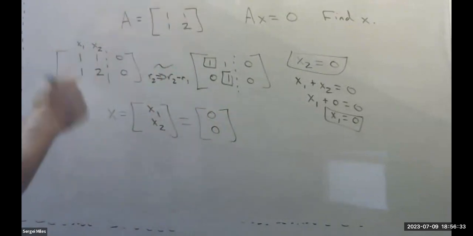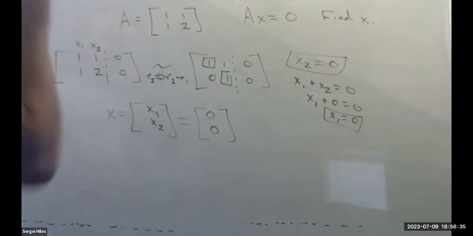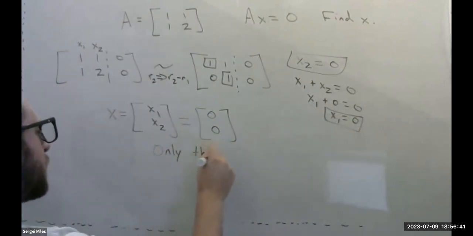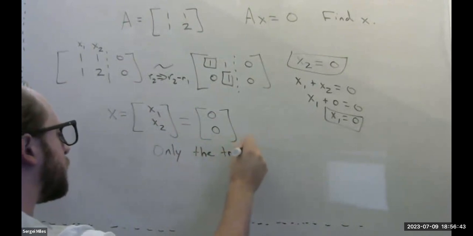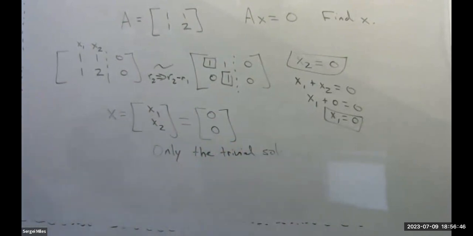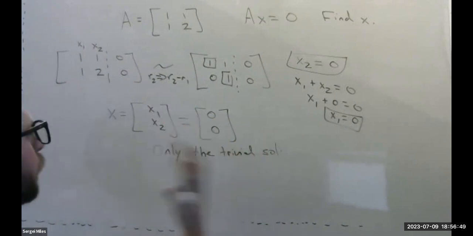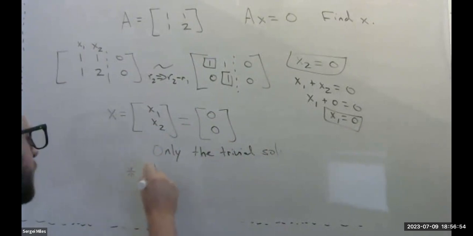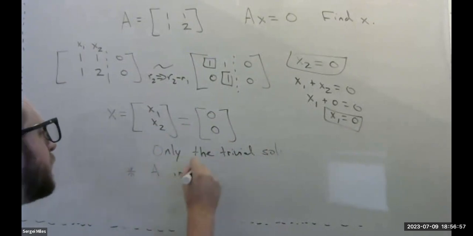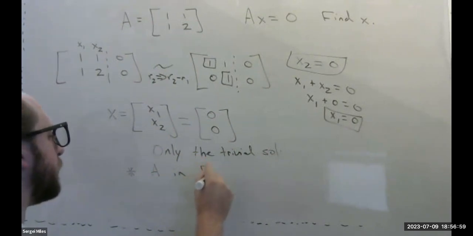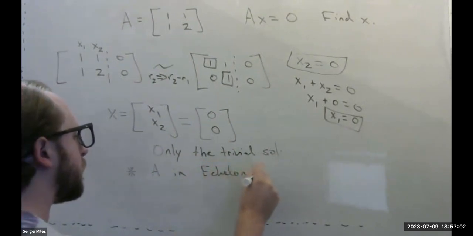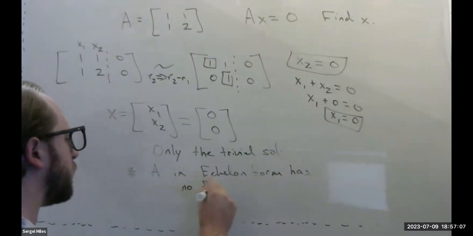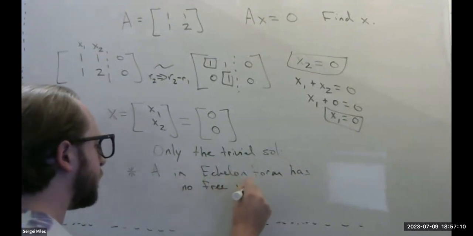So this system has only the trivial solution. And then what's the key point here? Why did this happen? There are no free variables, right? A in echelon form has no free variables.